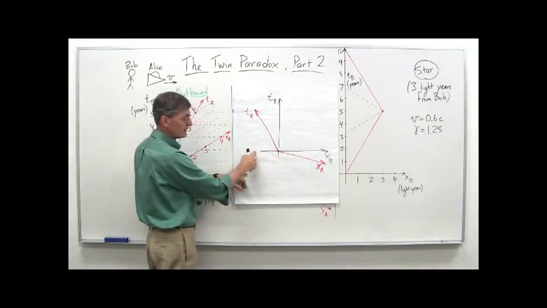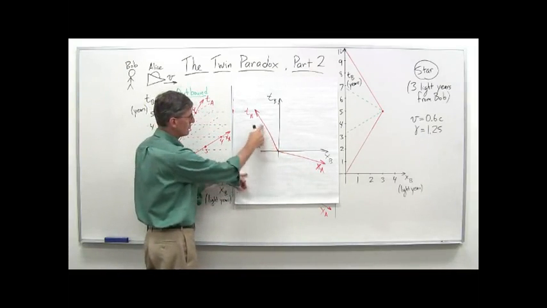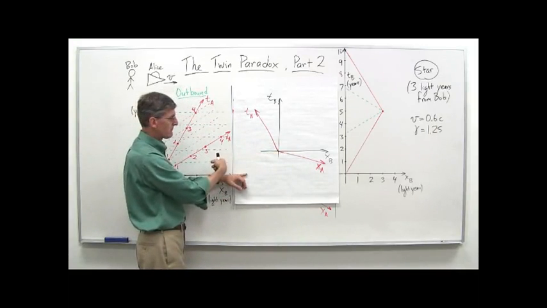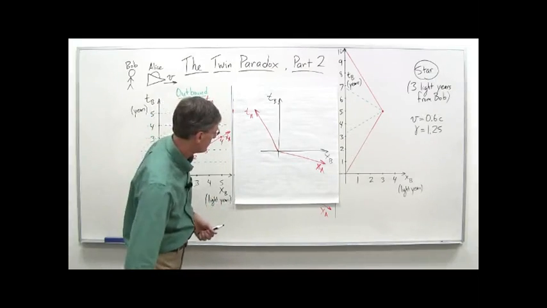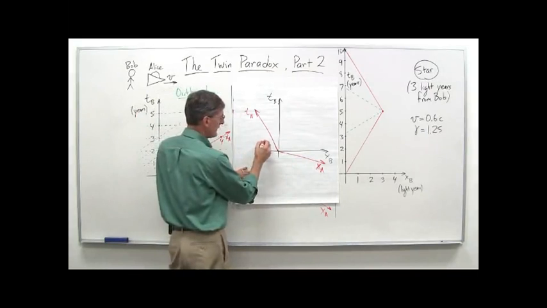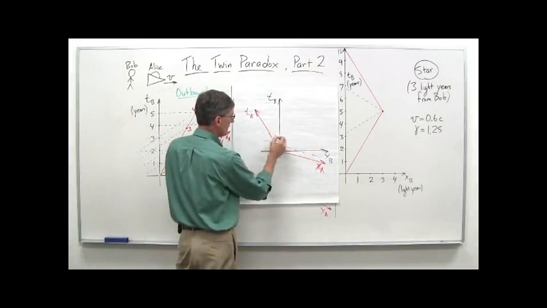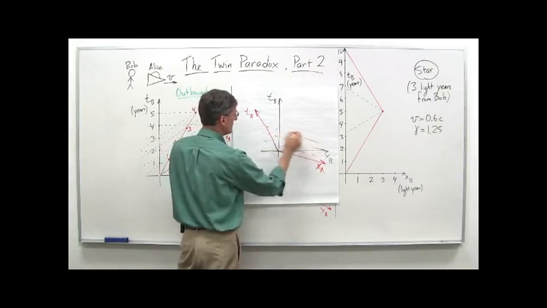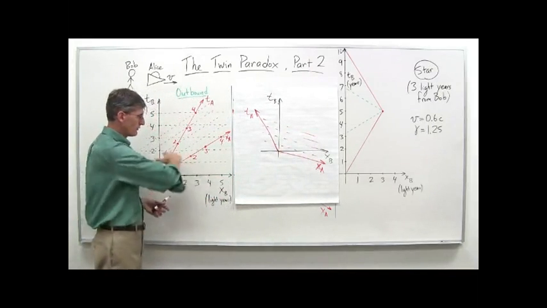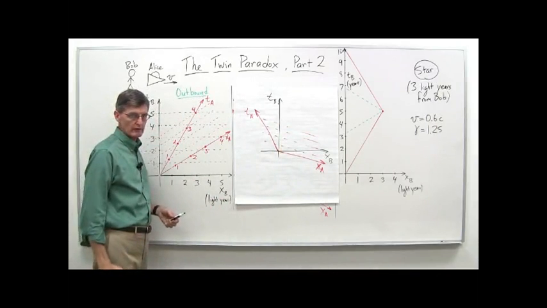Clearly, it's moving to the left on the x-axis. As time goes on, its x value is increasing negatively there. And then the lines of simultaneity, if we put those in, again, are always parallel to the x_A axis. And so just roughly speaking, the lines of simultaneity are going to look something like that. And Bob's are still going to be the horizontal lines.